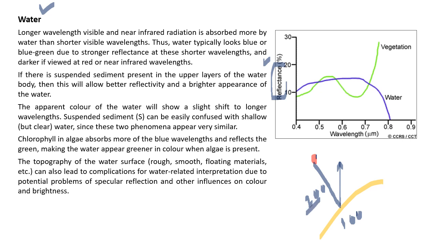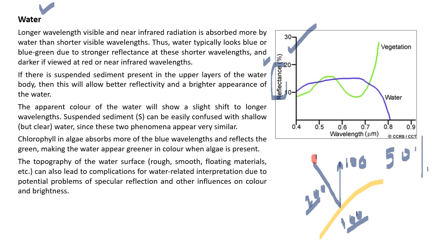If 200 is coming, 100 is absorbed and transmitted, and 100 is here, then only 50% is reflected. This is how much energy is coming and how much is reflecting. The ratio of the radiance coming in and going out is the reflectance in percentage. It becomes very simple now.